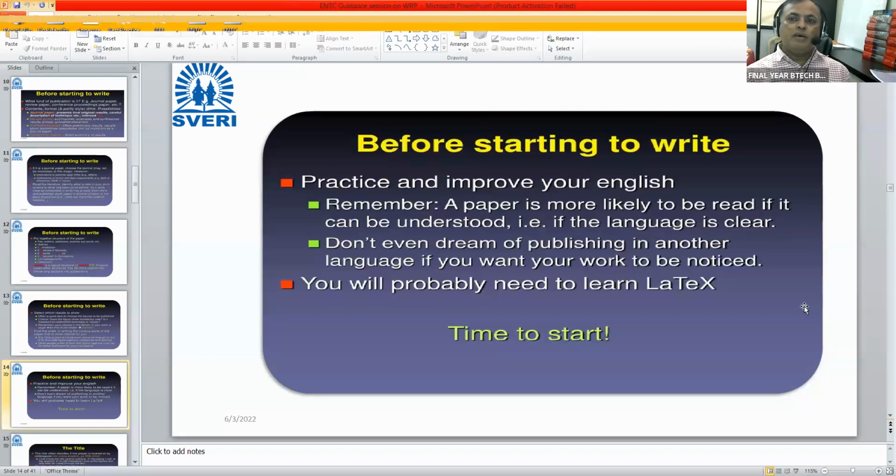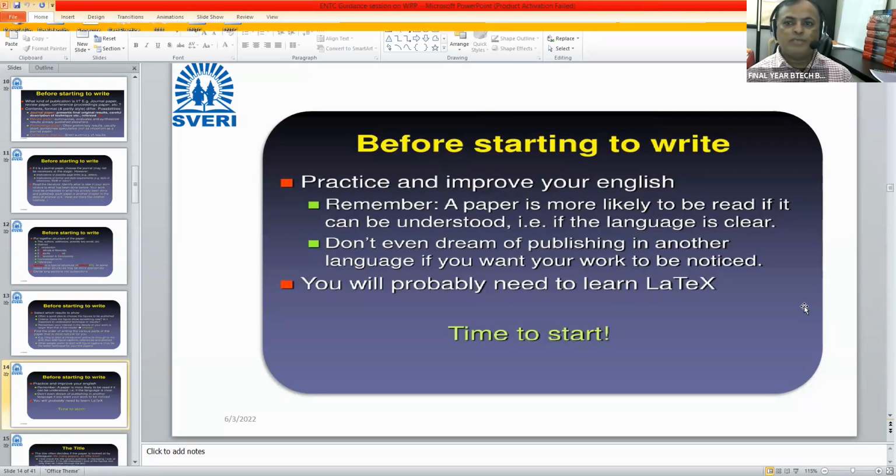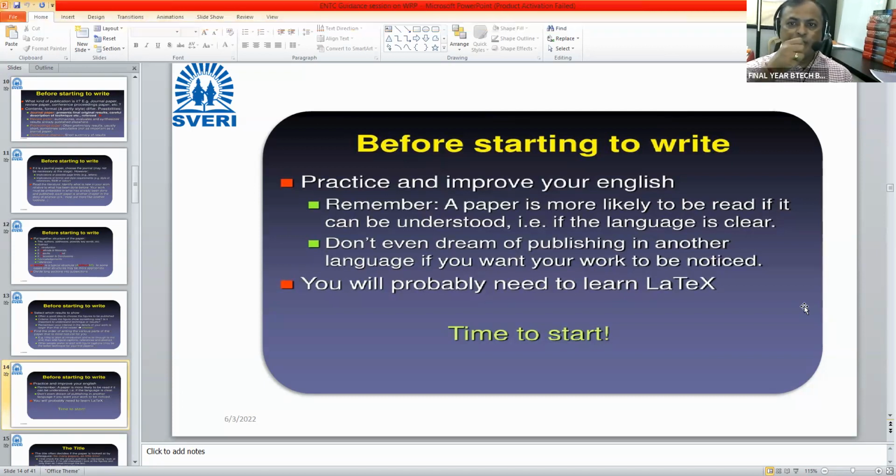Mostly the journals or the conferences take only two types of documents: one is .doc type, or .ltx type. They will give you the templates. Most of the journals have their own templates. Some of the journals say that you can prefer the IEEE format. So we are going to see one sample of IEEE format also.